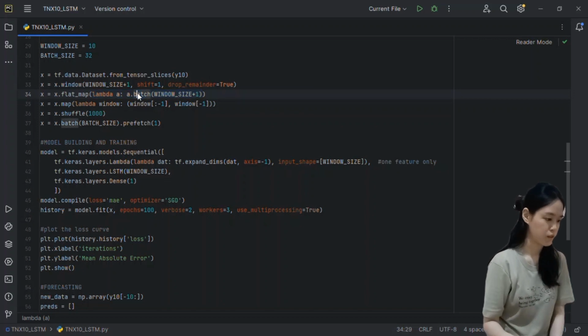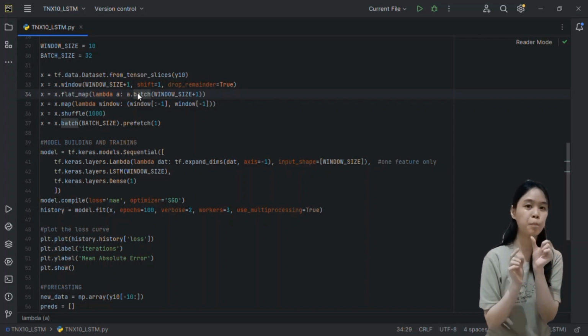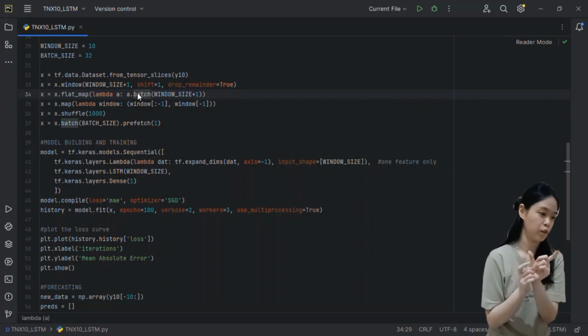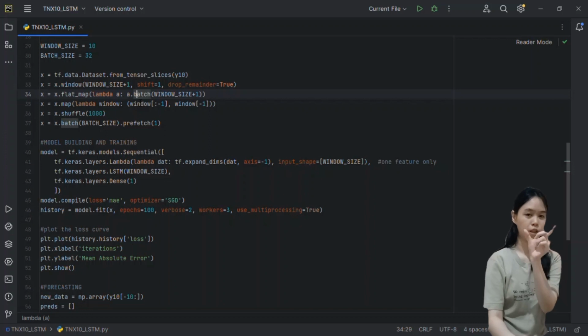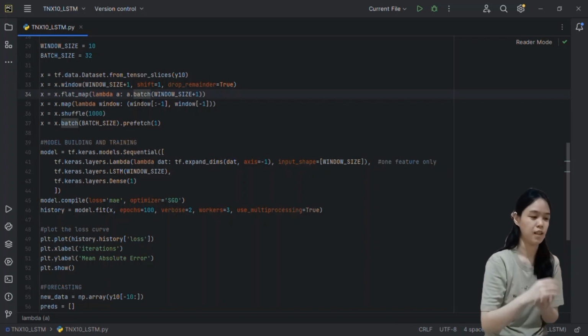That's it. Since we have 11 data points in our window dataset, if we batch all of them, we will still get all of them, right? We won't lose a single value on each window, and then flatten it.